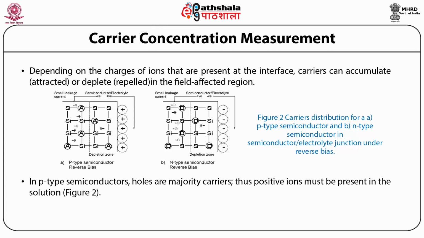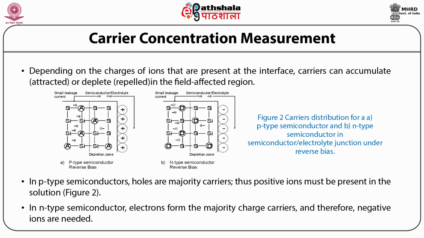In p-type semiconductors, holes are majority carriers. Thus, positive ions must be present in the solution, which is given in figure 2. By making the semiconductor more negative than its equilibrium value, positive ions are drawn towards the interface and holes are pushed back.